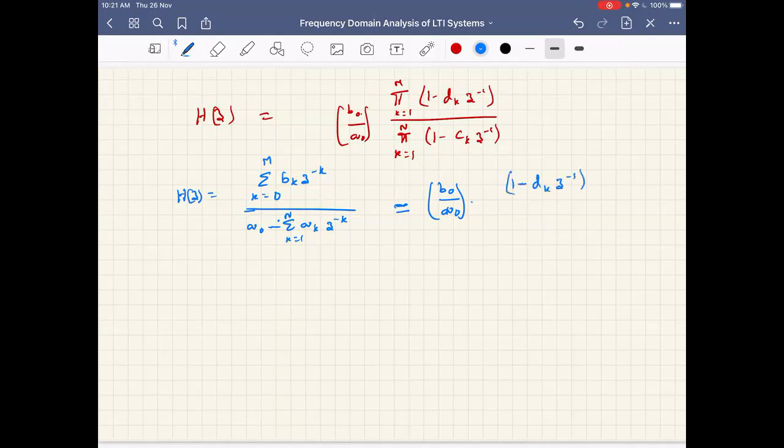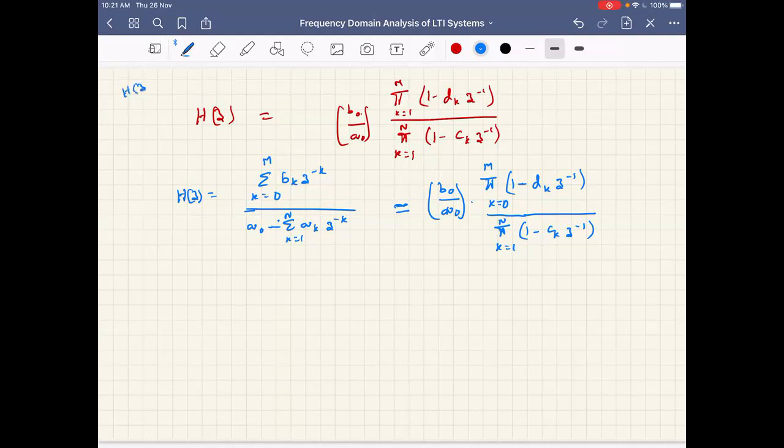The product of all these terms gives us the numerator polynomial which we have seen. Similarly, the denominator polynomial can also be decomposed in terms of the roots or the poles, and the product of all these gives rise to the denominator polynomial.